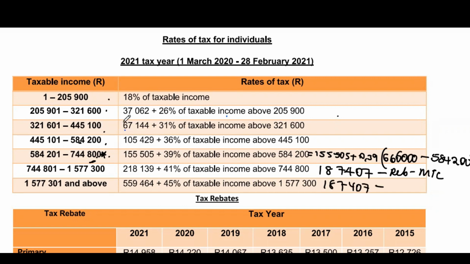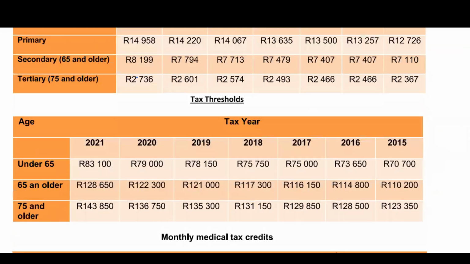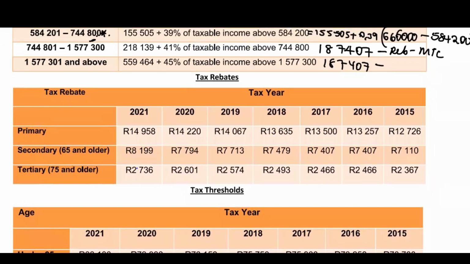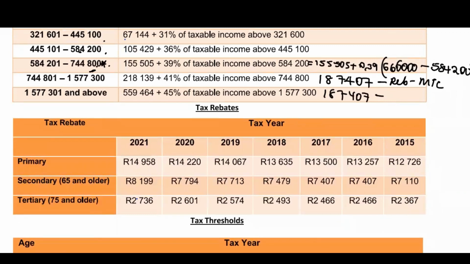Now the person was 58 years of age, so the rebate. Which year are we using? Let's use 2021. So the person qualifies for 14,958, minus the tax credits that we've just seen. Subtract everything.